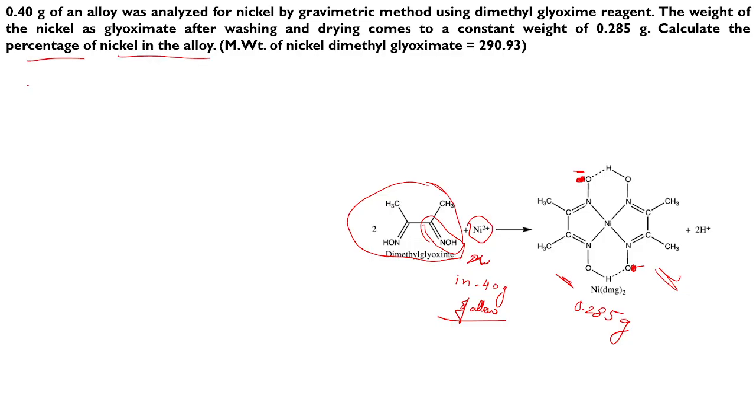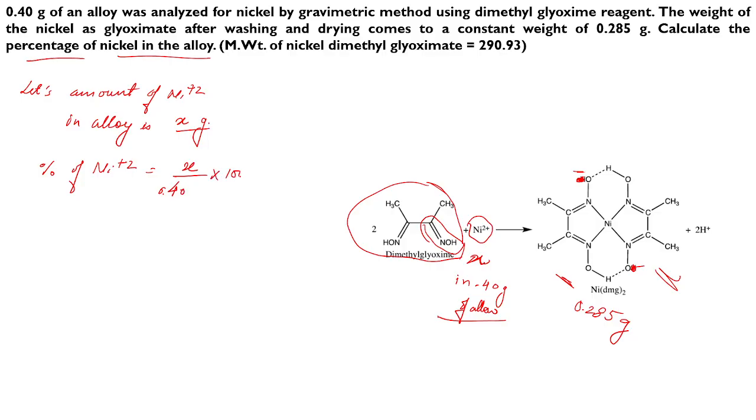Okay, so let's say the amount of nickel plus 2 in alloy is X gram, right? And we need to calculate the percentage of nickel. So how we are going to calculate is X divided by 0.4 multiplied by 100.